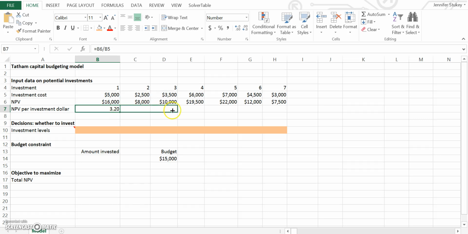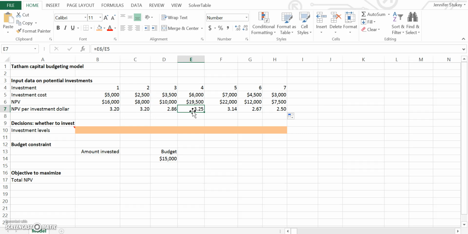So we can copy and paste this formula all the way across. Now, if this was not a binary problem, in other words, we could choose to invest at partial levels, this would be a really easy problem. We would take the highest levels of investments and just invest in those until we reached our budget of $15,000. But since we have to choose either all or nothing, the problem becomes a little bit more complicated.